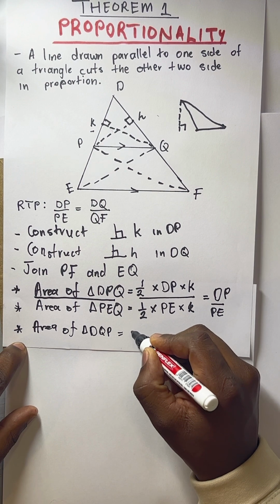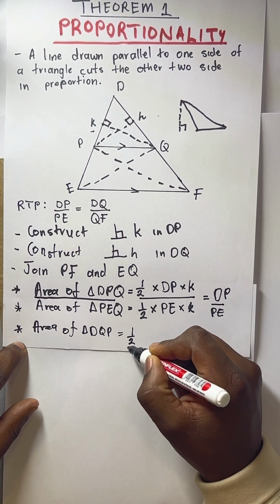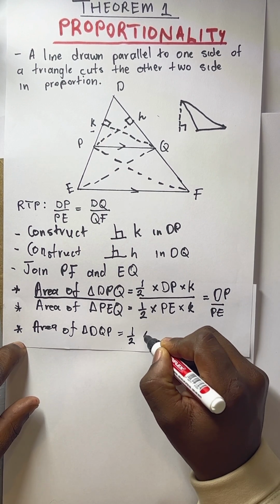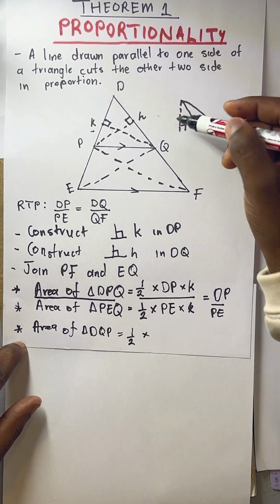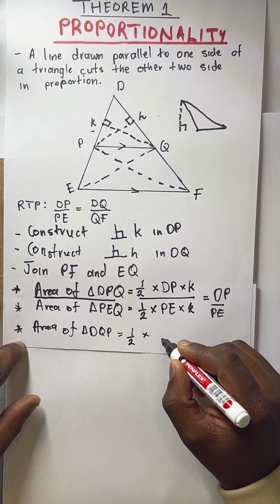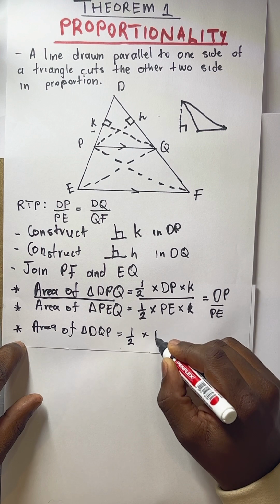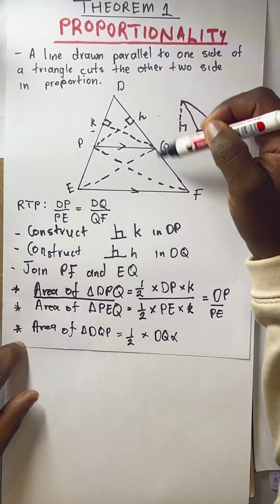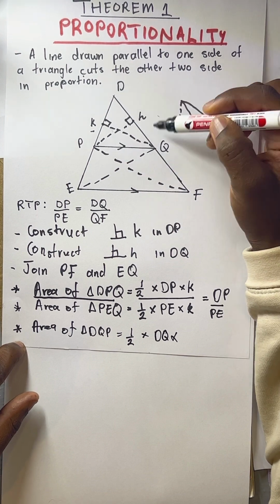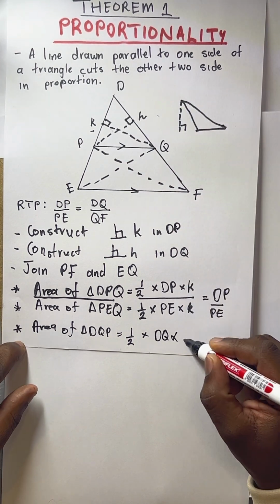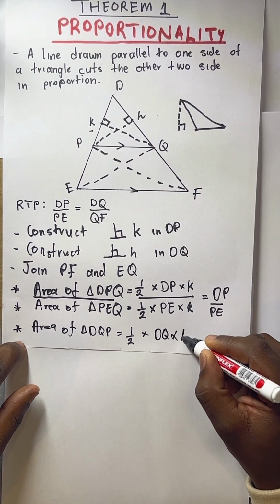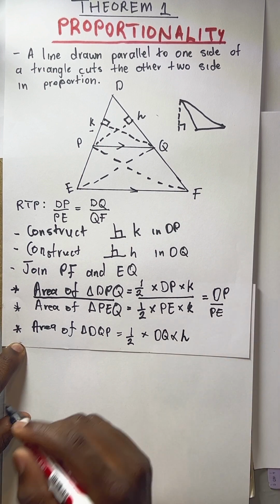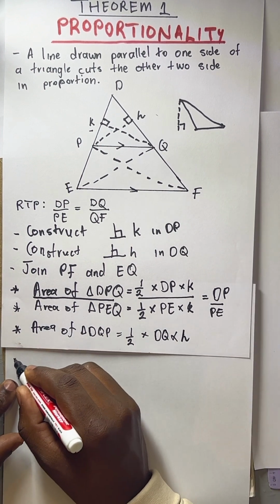The area is going to be half. However, the base is going to be equal to what? Your base is going to be your DQ, which means it's going to be multiplied by your DQ, multiplied by the height. The height of this side is going to be your height H, which means this is going to be multiplied by your height H.